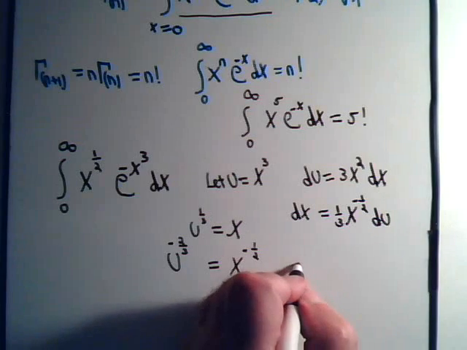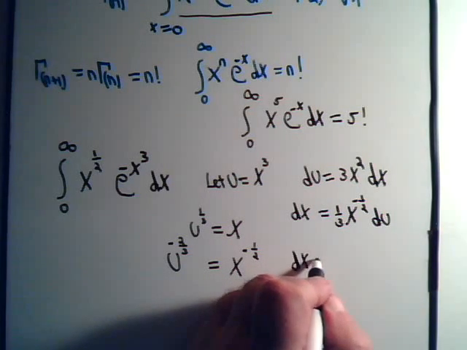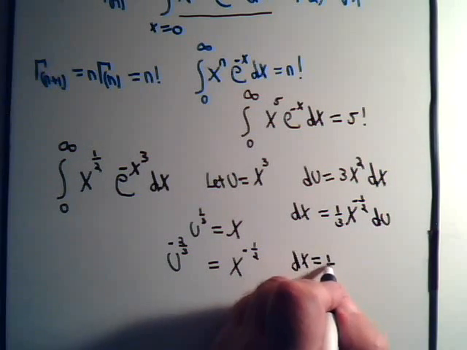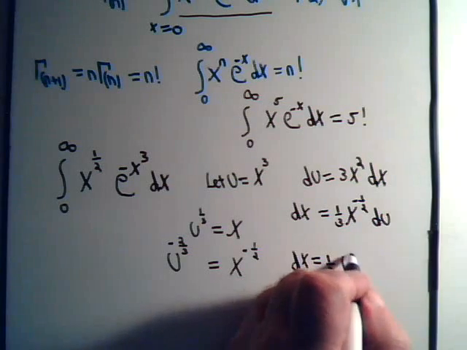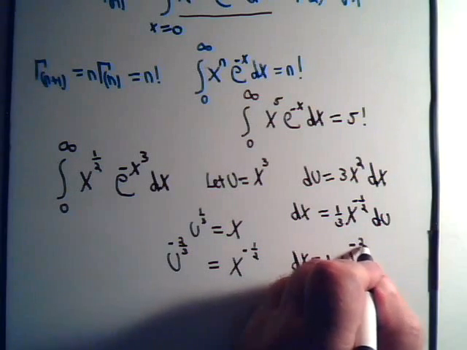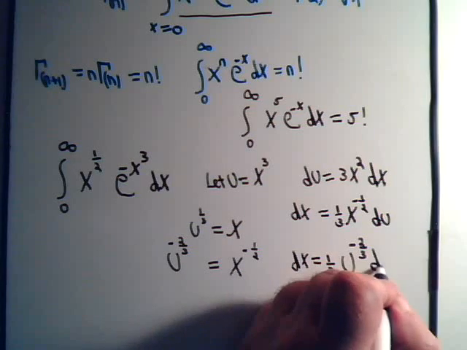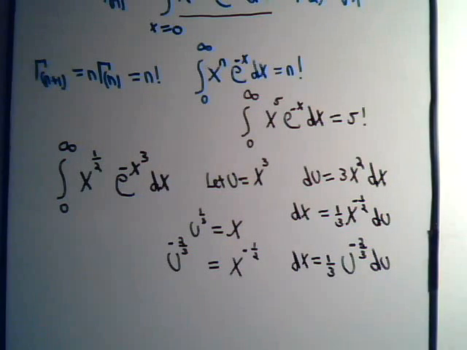So we go over to here and say, therefore, dx will equal 1/3 times u to the minus 2/3 du. So we have dx replaced by this.